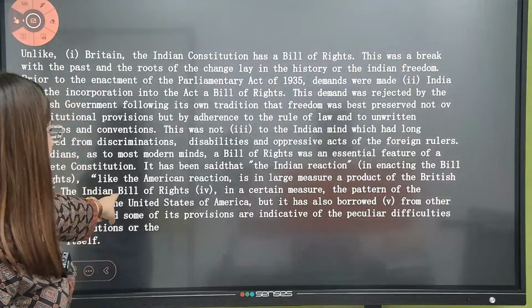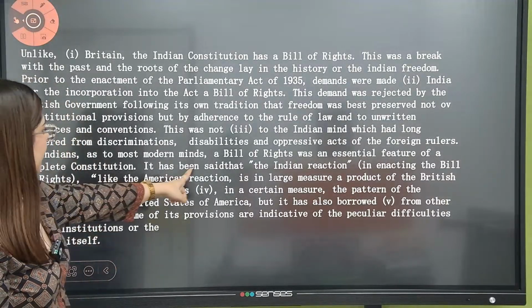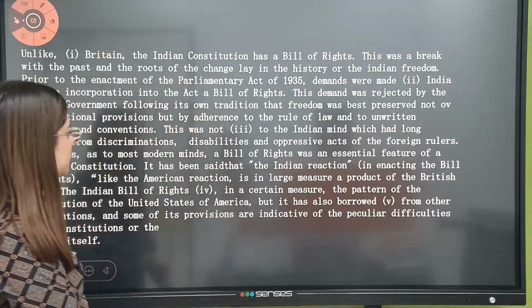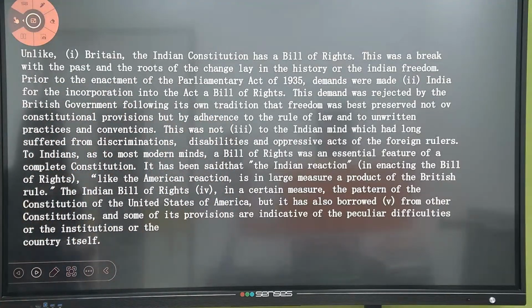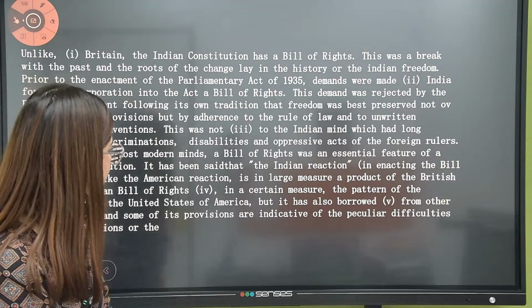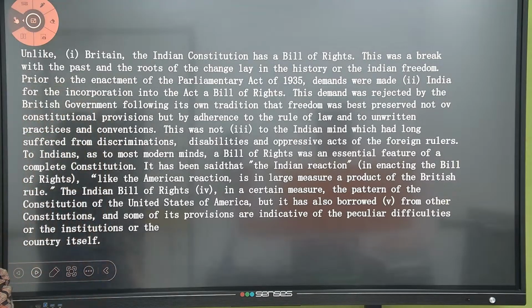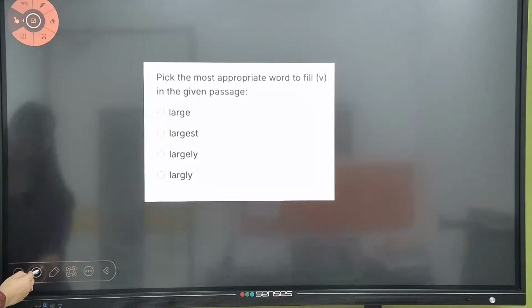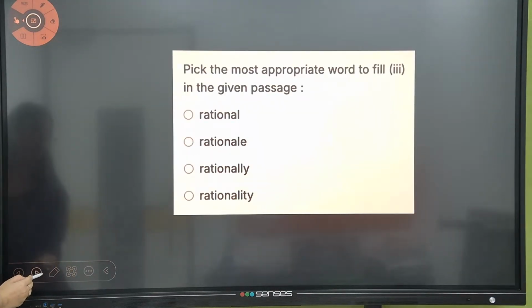The Indian Bill of Rights, okay, like the American reaction, is in large measure a product of the British rule. The Indian Bill of Rights dash in a certain measure the pattern. Okay, is this 4 or is this? Okay, I think that's 3 only.